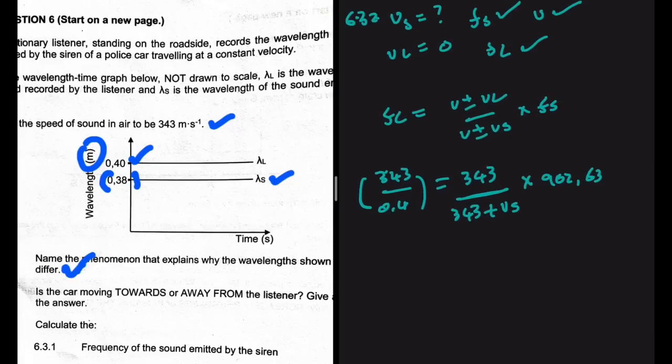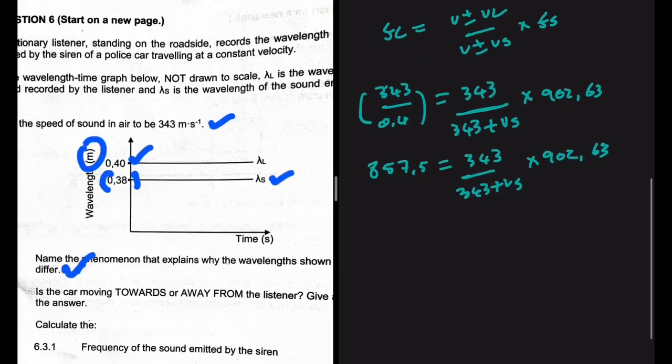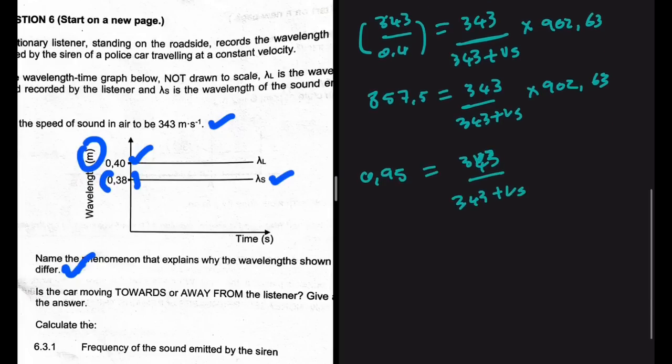So 343 divided by 0.4 is 857.5, and it is equal to 343 divided by 343 plus Vs, multiplied by 902.63. Let's divide both sides by 902.63. If we do that, we get 0.95 equal to 343 divided by 343 plus Vs. Let's cross multiply.